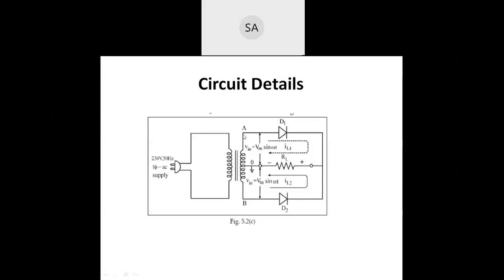One end is connected to the first diode and the other end is connected to the second diode. Here the input voltage is divided by using the center tapping. The load is connected between the center tap of the transformer winding and the diodes.